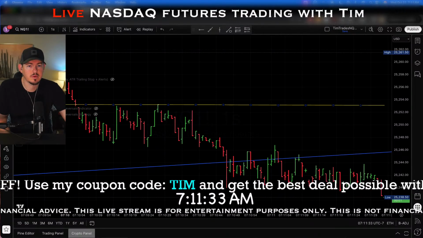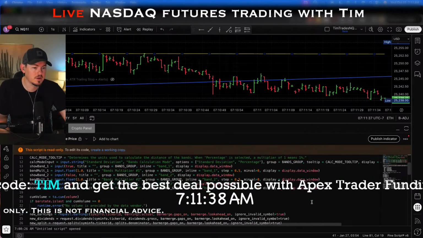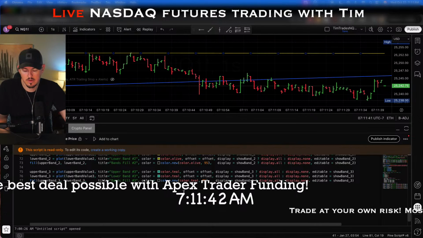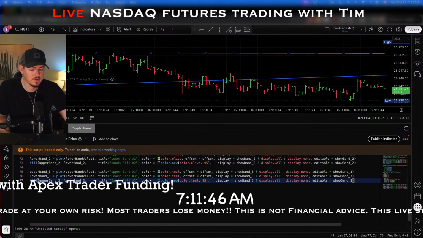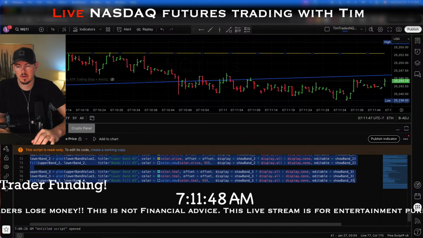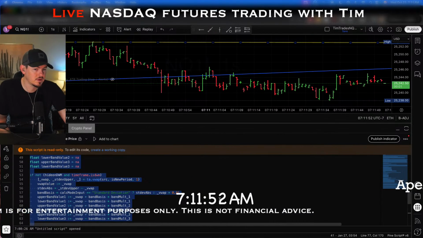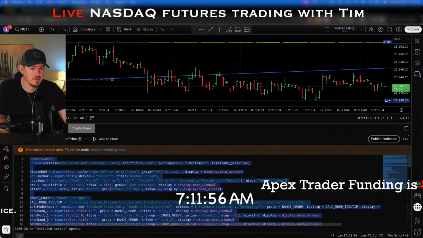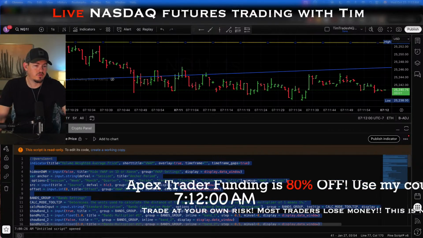Here's VWAP. This is the VWAP indicator. And you just copy, command all, select all of that, copy it, and then paste it into Grok and say, turn this Tradingview indicator into a strategy.